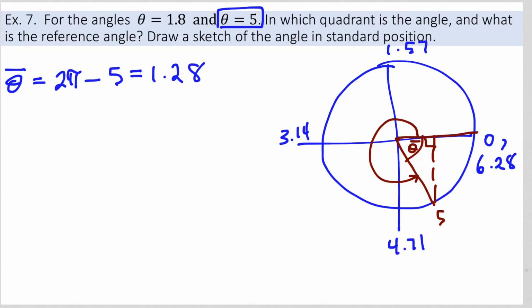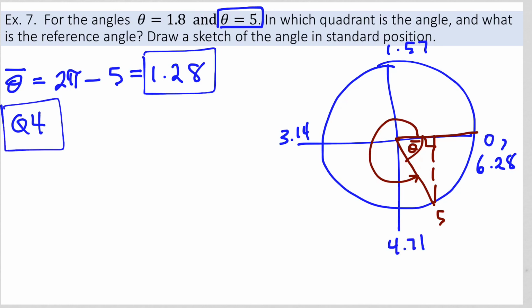So that's between 0 and 1.57 radians. All right, so I can see that that's in Q4, so let's also write that. So Q4, so this is my reference angle and my quadrant, and I've got my sketch of the angle in standard position.